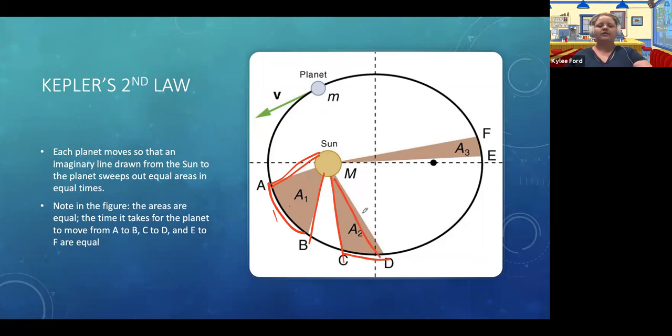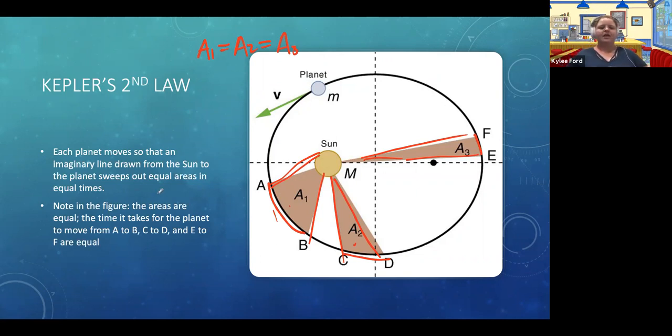So A1 is going to equal A2, and as it goes along, it'll even be the same as here, A3. So A1 equals A2 equals A3. All these areas are the same.